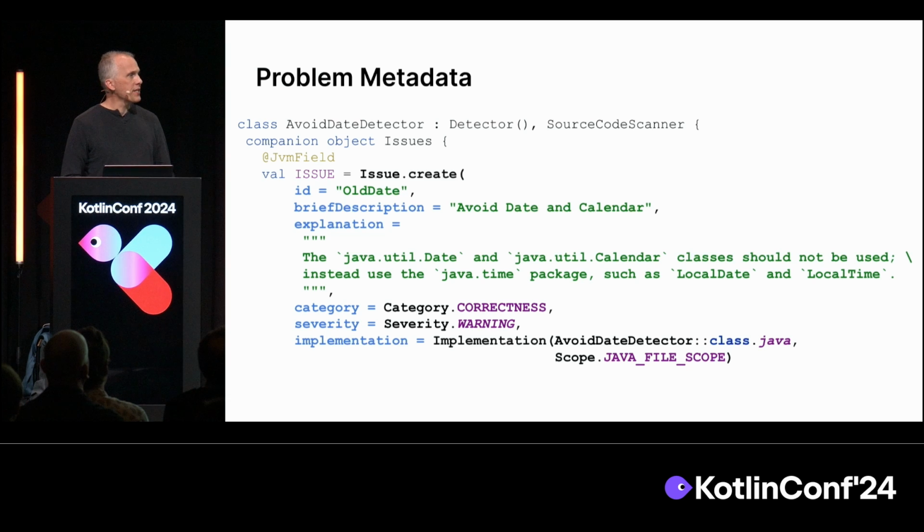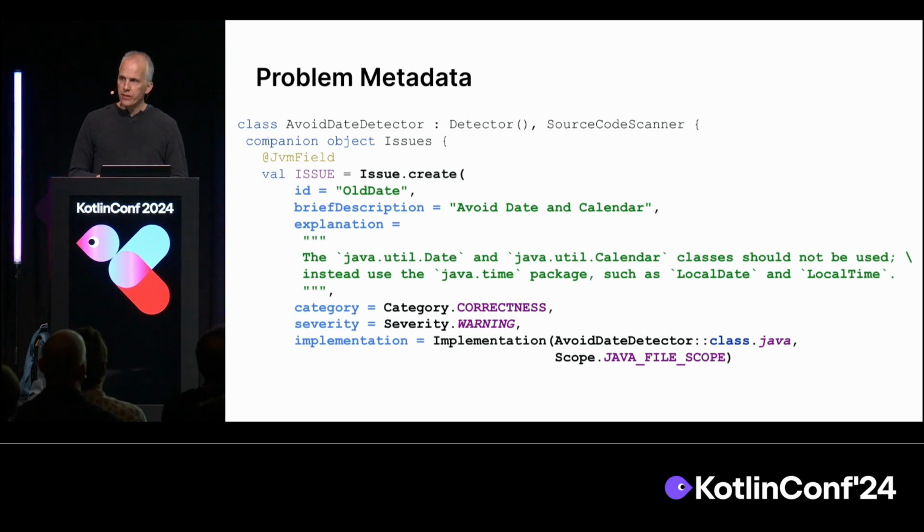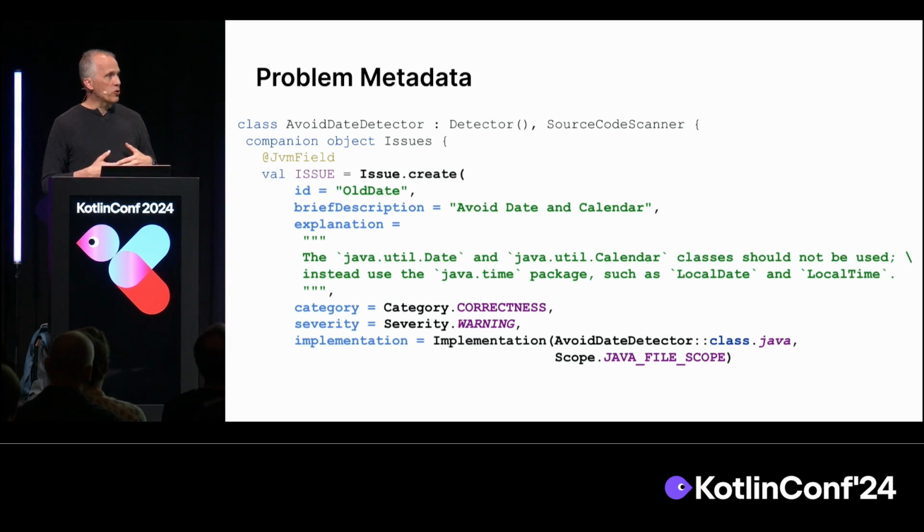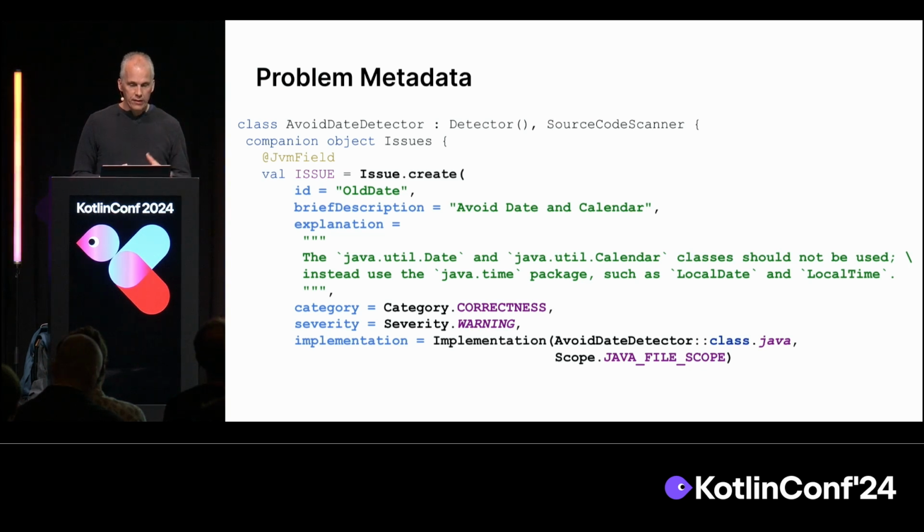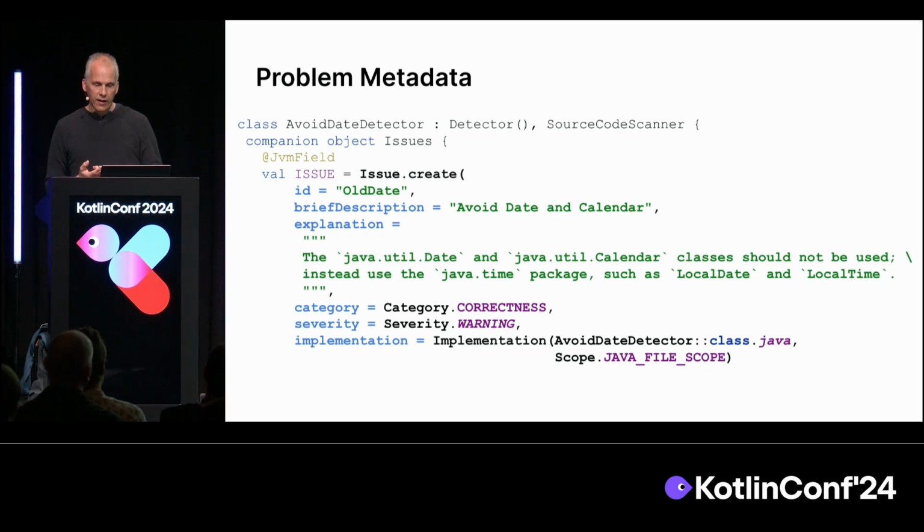So this is just an example that is easy to understand. All right, so the first step is to describe static metadata about the issue. This information is constant, and in the tool integrations, it is used to, for example, sort the entries or to explain the problem in more depth if the user asks for it in the IDE, and so on. So the first thing we do is give it a unique issue ID.